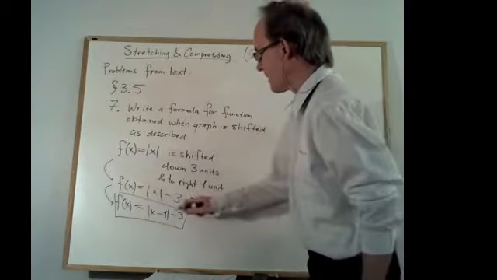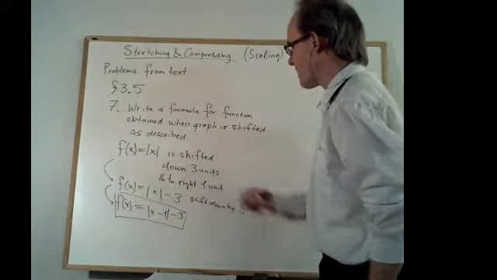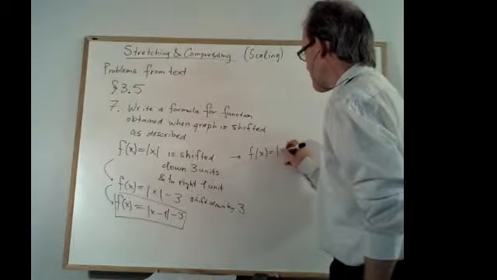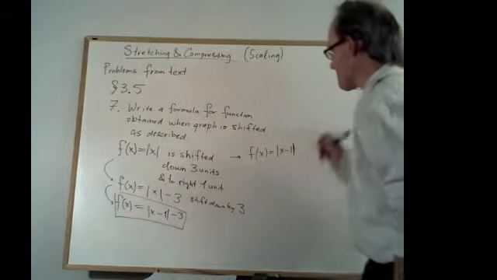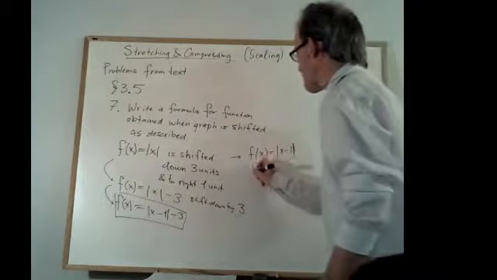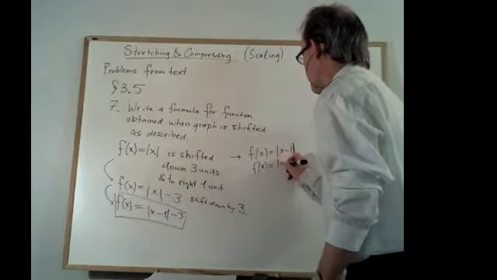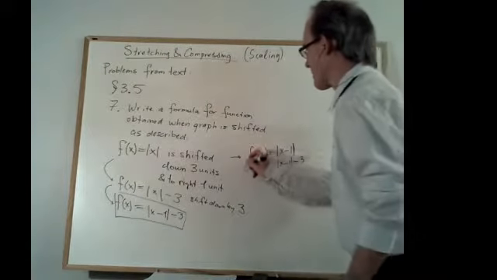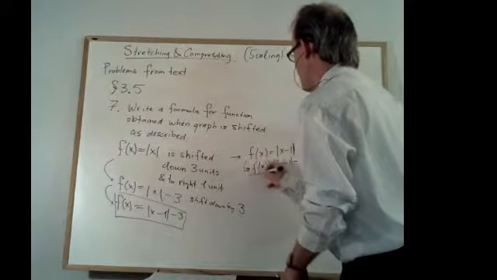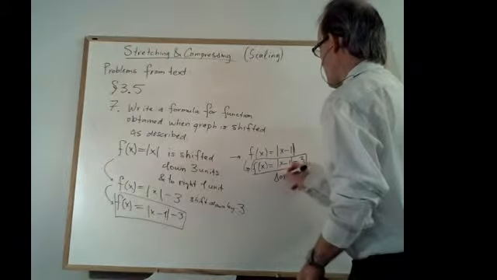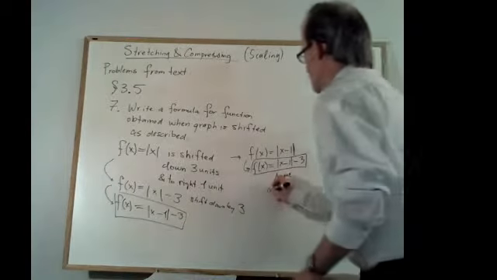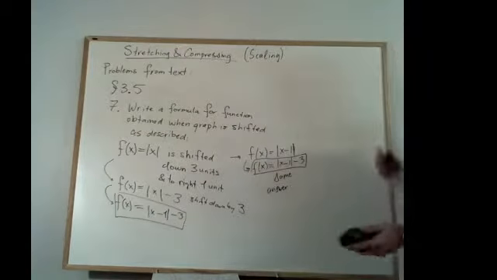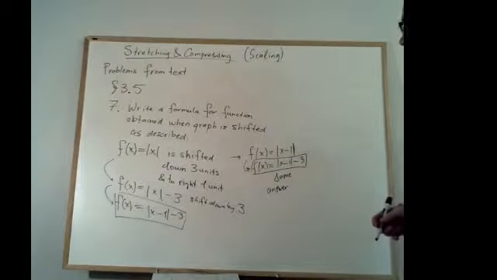If you do the shifting to the right by 1 first, you would get the absolute value of x minus 1, and then if you shift down by 3, you would simply subtract 3 from the previous step. Same answer. But there are other cases where you might get a different answer if you perform the transformations in a different order.